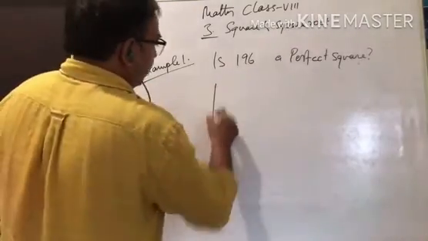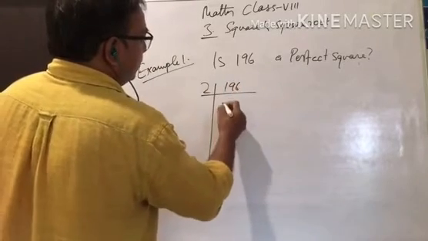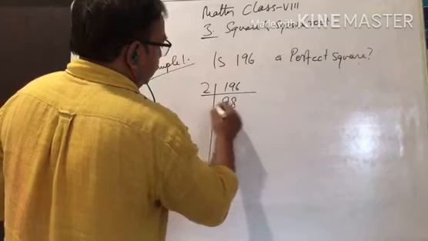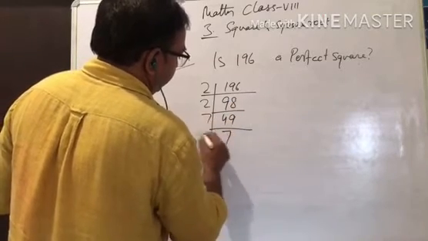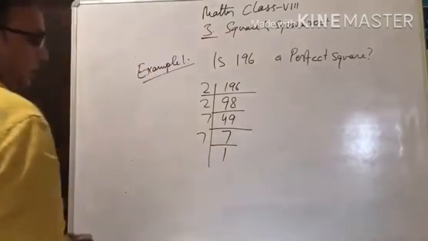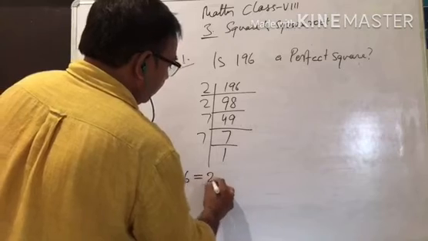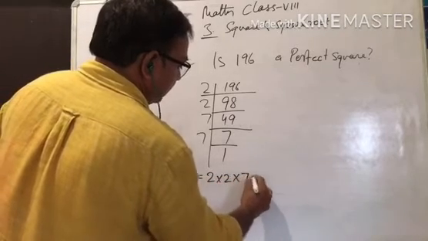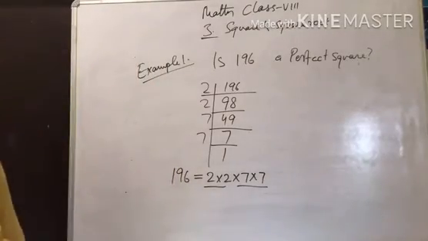So you can use the prime factorization method. 196: 2 9s are 18, 2 8s are 16, 49, then 7, 7, 7, 1. It means that 196 is equal to 2 times 2, then 7 times 7. It means it is a perfect square number.